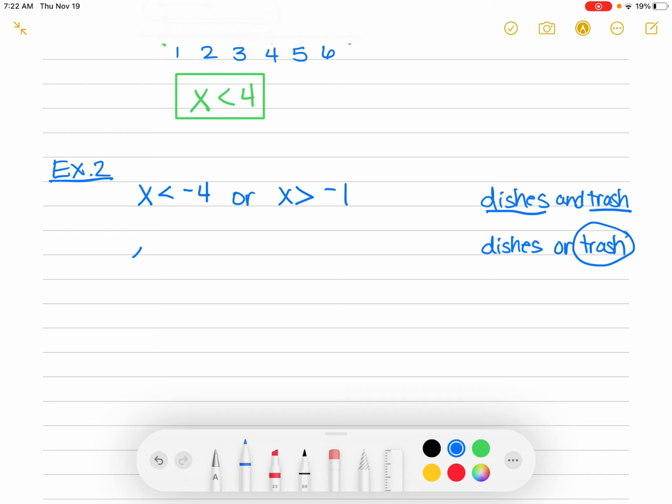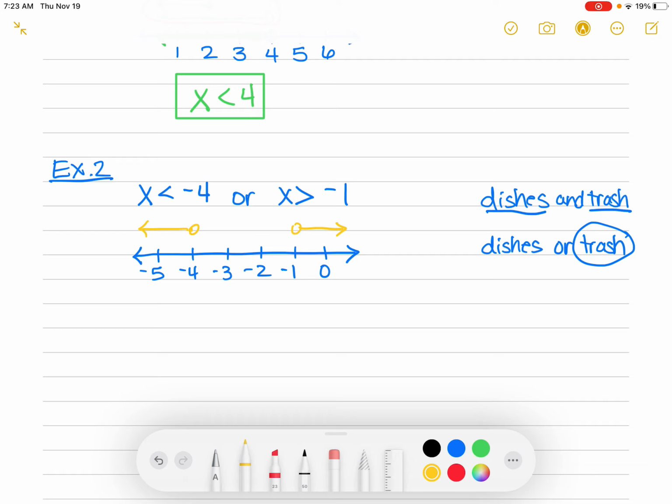Okay, so let's solve this next one. We have negatives this time, so I'm going to work backwards when I'm doing my graph. This time the first one says x is less than -4 or x is greater than -1. So this time our graph does not intersect.